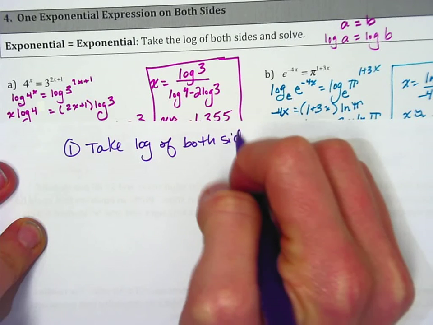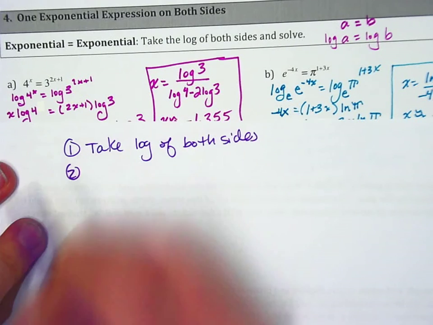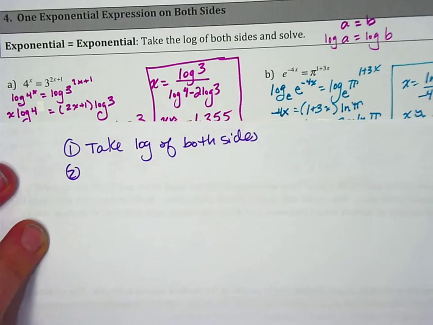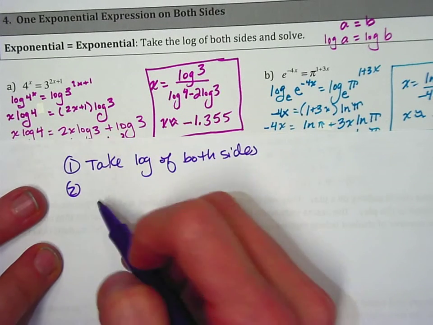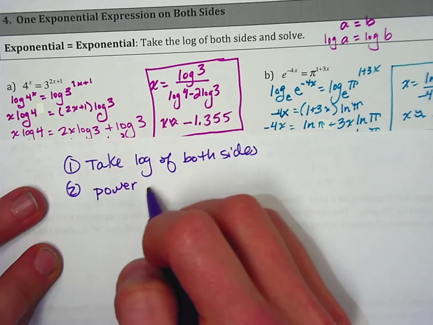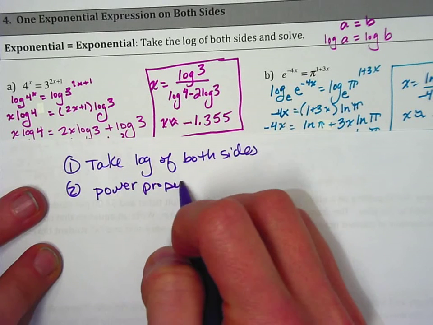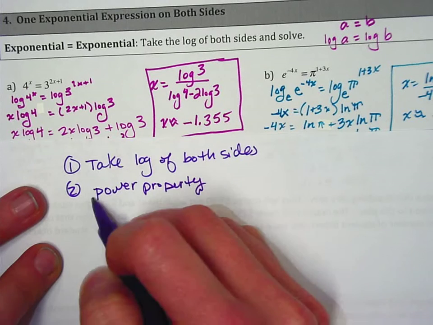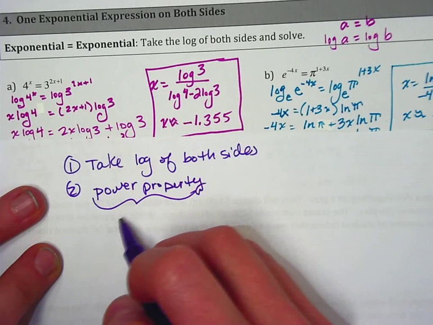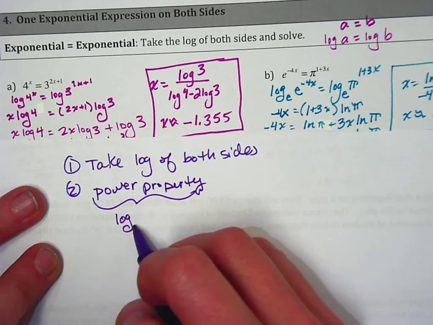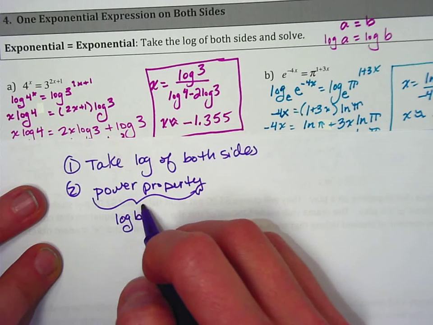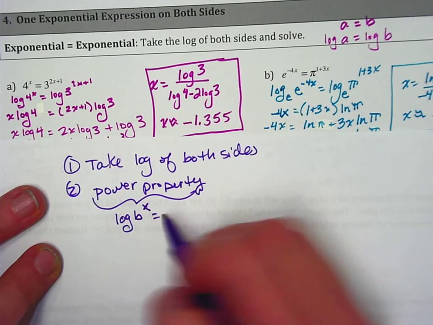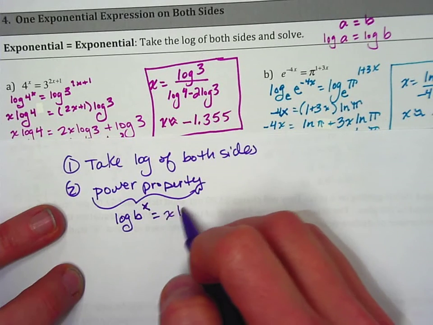And then the second step that you're going to be doing for all of these is you are going to either use the power property, which is if you have log of b to the x, that's equal to x log b.